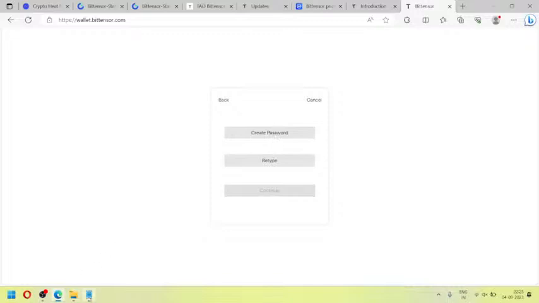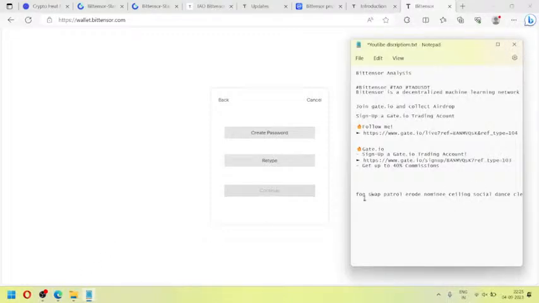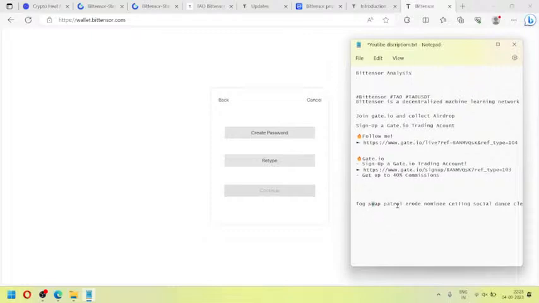Just for this, I will create one password, SAP 0989.